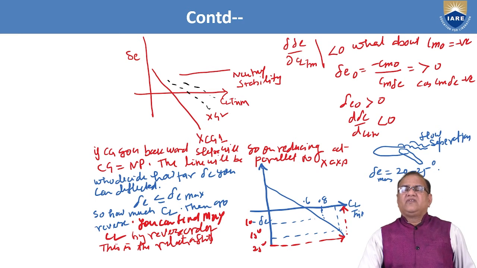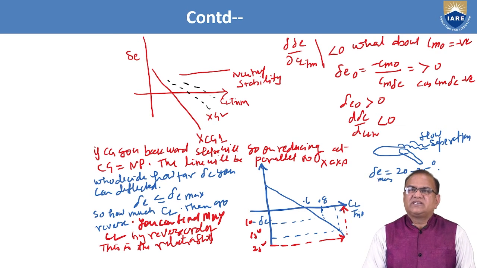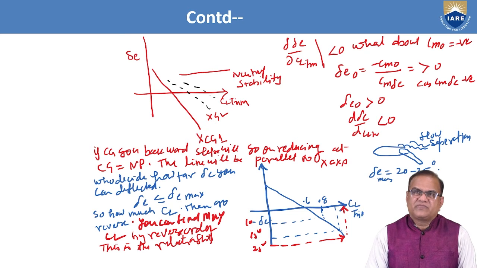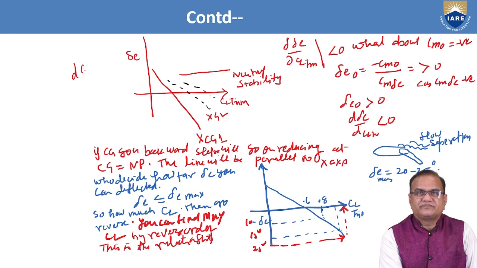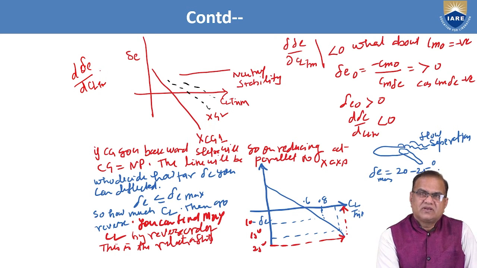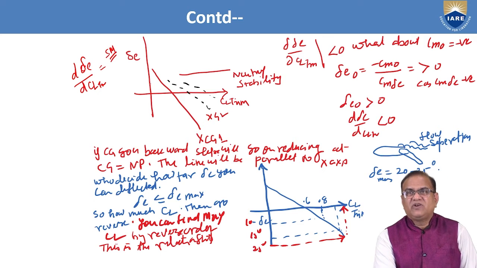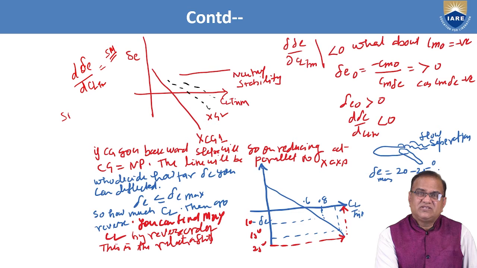Now if I draw the plot for deflection of elevator and the CL trim, we have seen here d delta E by d CL trim, and it is proportional to the static margin, as we have seen just now. And the static margin is what?